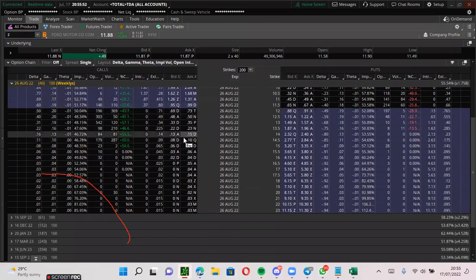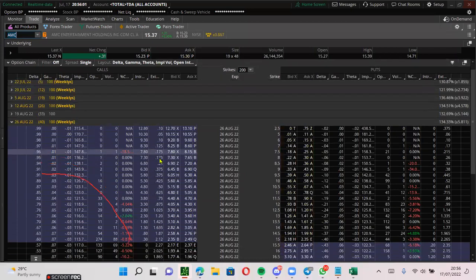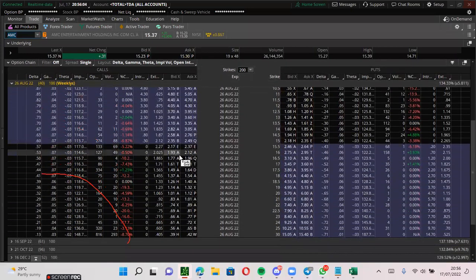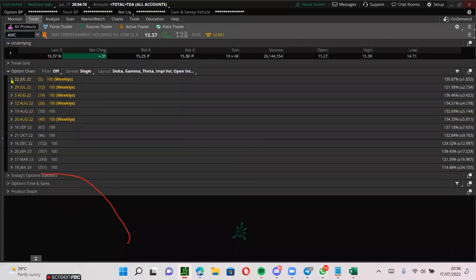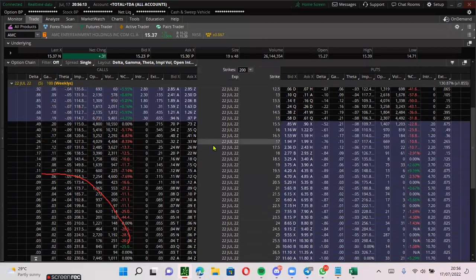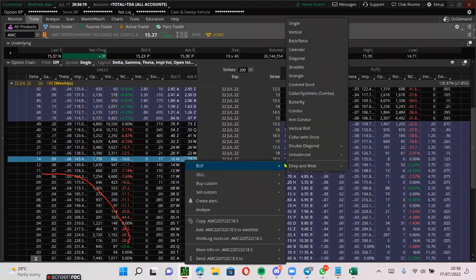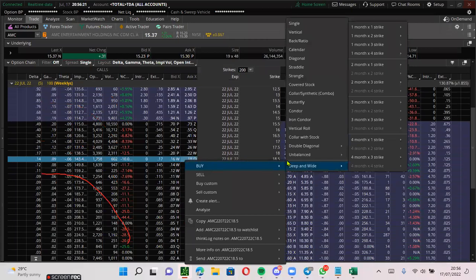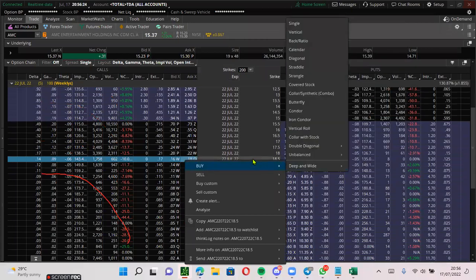But you don't get much here because I want to have better volatility and premium. So take a look at AMC, which is having somewhat better. I wanted to sell, let's say, weekly. So the 22 weeklies I wanted to sell. I just wanted to collect $19. You collect $16 for 18.5.